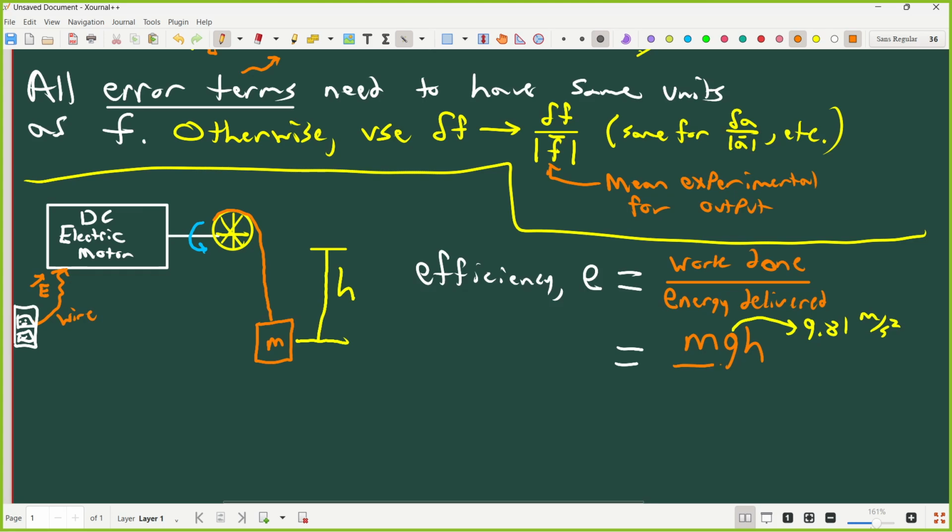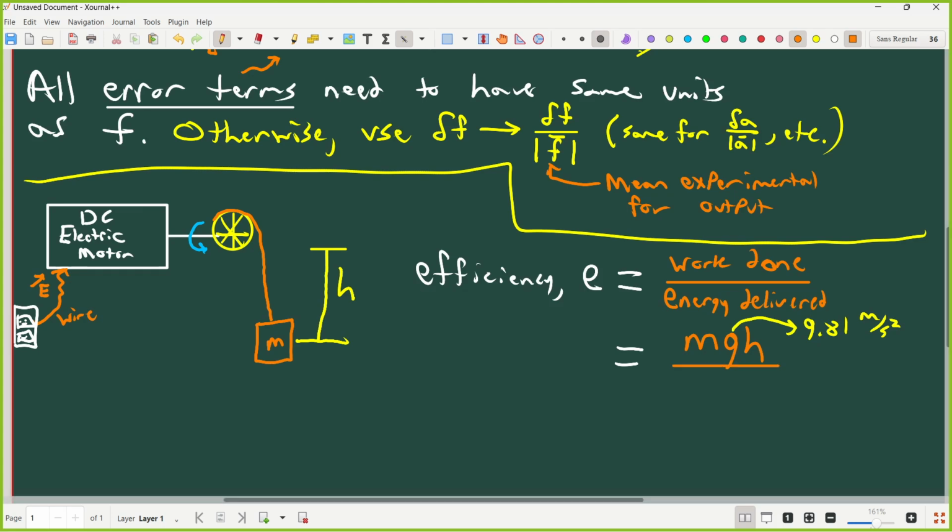It's really cool. All right, so you have mgh, and at the bottom, it turns out that in a DC engine, the total energy that's given to the motor is based on the voltage of the motor times the current, I, that's supplied, times the time the engine runs to lift it.